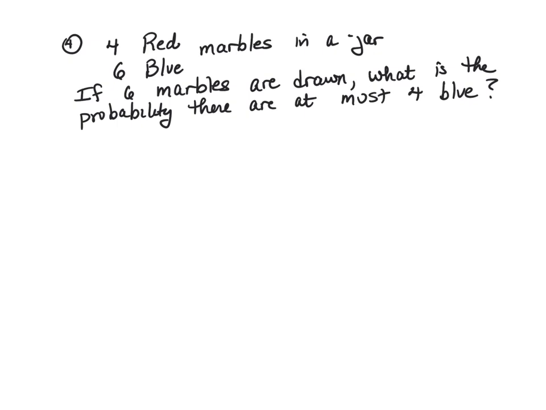Pause. Oh, and let's just review what we mean when we say at most. That means that we have at most 4 blue. So we could have 4 blue, we could have 3 blue, we could have 2 blue, or we could have 1 blue, or 0 blue.